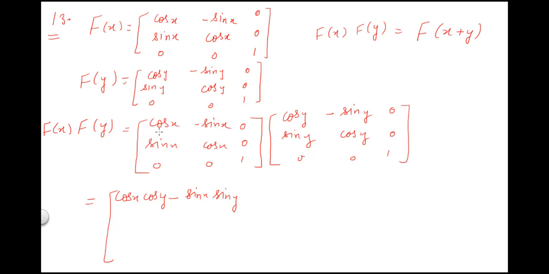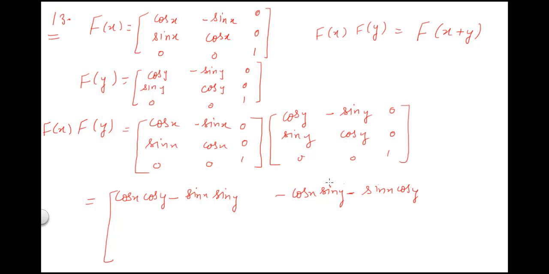So the first row is cos x, first element, and in the second column the first element is minus sin y. So we'll get cos x into minus sin y, so minus of cos x sin y. Then plus we have minus sin x and cos y, so we'll get minus of sin x cos y.